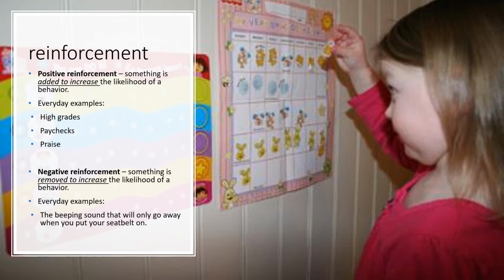Oftentimes with drug addiction, what is at its root is not the addiction itself, but there is some untreated psychological disorder like depression, anxiety, bipolar disorder, just to name a few. So that drug that they're taking, whether it be smoking marijuana, drinking alcohol, or some other substance that they're using, an opiate, that may be negatively reinforcing.